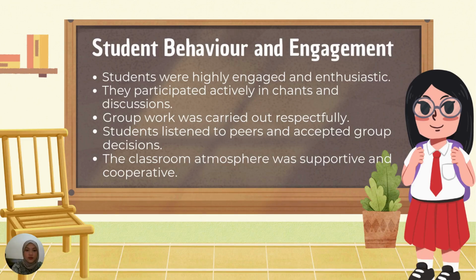Next, we move to student behavior and engagement. Student behavior in this lesson was very positive. Students were excited and engaged, participated in activities, followed instructions, listened to the teacher and peers, and did group discussion respectfully, which shows an effective classroom culture.